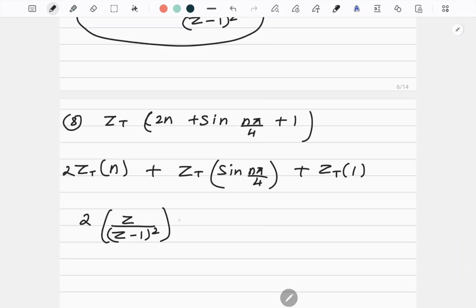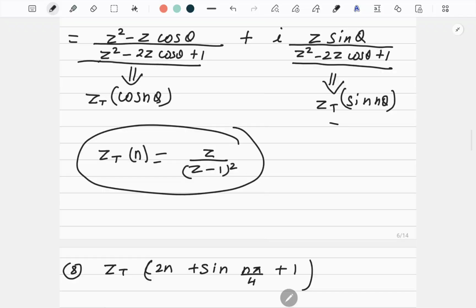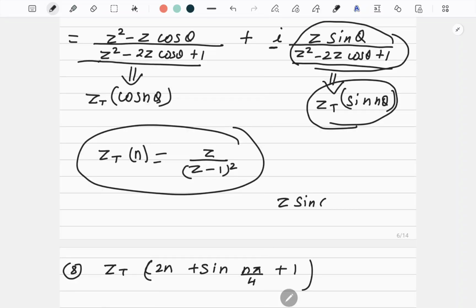Correct? Now plus the z transform of sin n pi by 4. So here you need to use your formula. What is the z transform of sin n theta? Not i, remember, only the imaginary part. So it is z sin theta upon z square minus 2z cos theta plus 1.